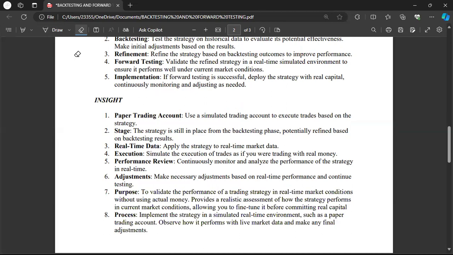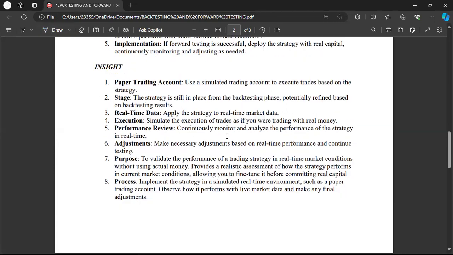Now, let's have some insight. Right now, we were being more technical there. Let's have some insight: what are actually the characteristics of forward testing? So we talked about paper trading accounts. Use a simulated trading account to execute trades based on strategy. So we are using a demo account to do that. Right?